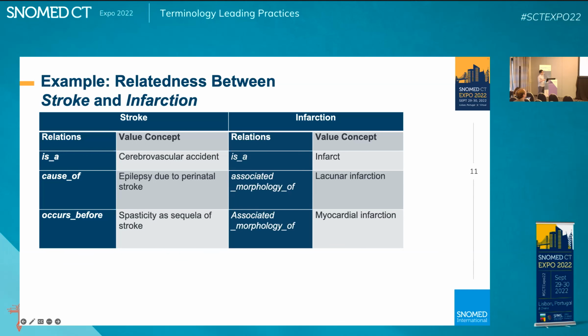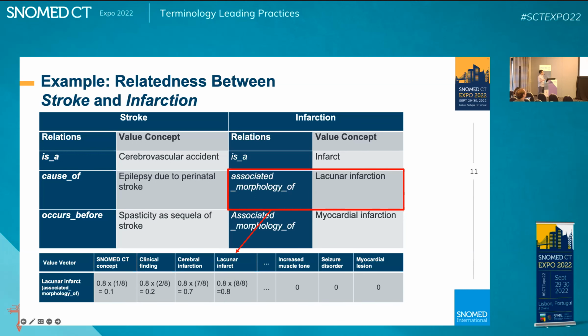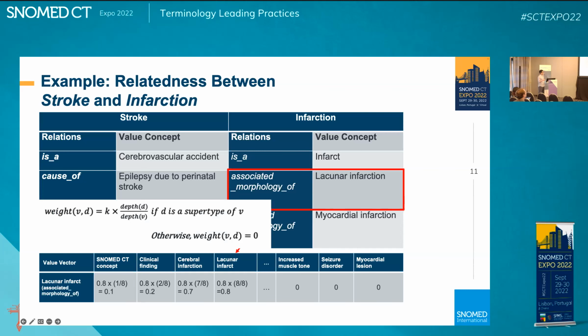And we build a value vector for each value concept, and the dimension of each value vector is the union of all supertypes of all value concepts. And the value vector is calculated with the weight, which is defined as the depth of the dimension concept divided by the depth of the value concept.